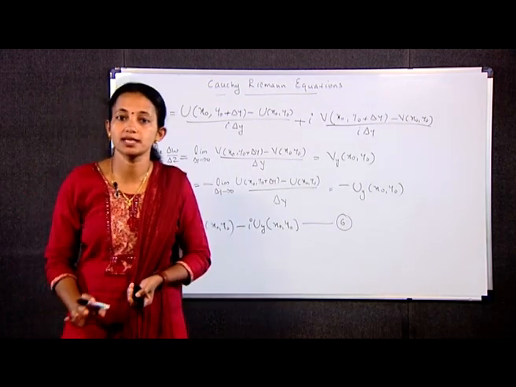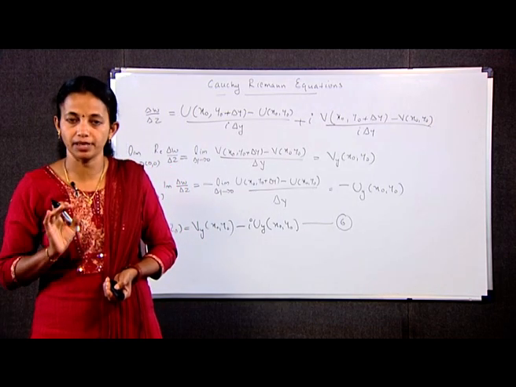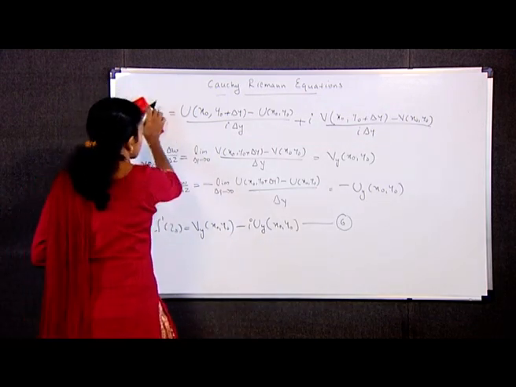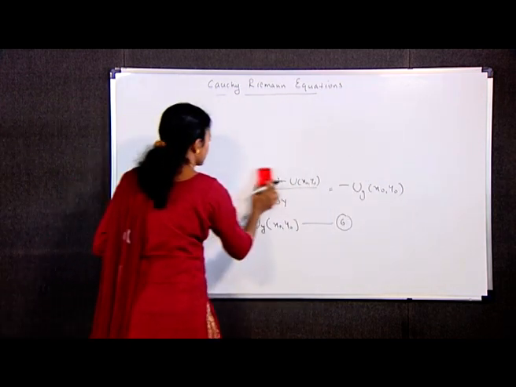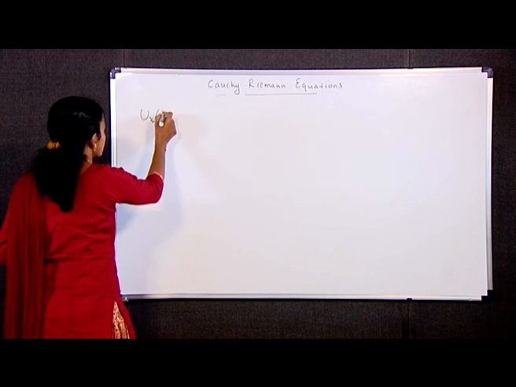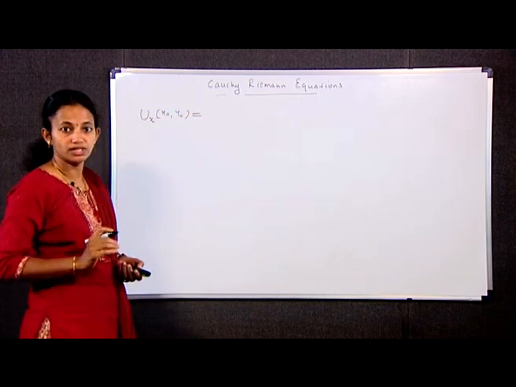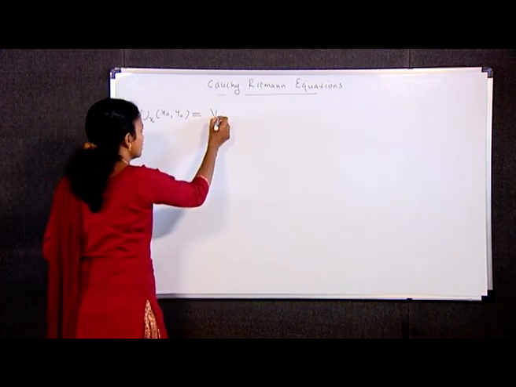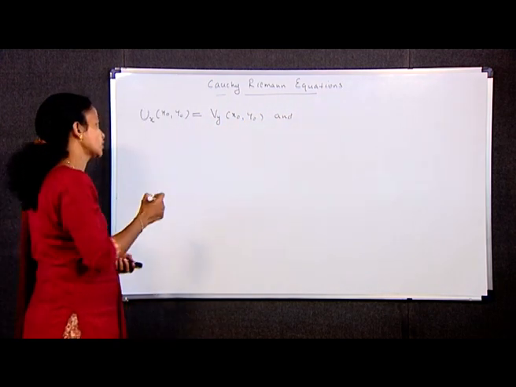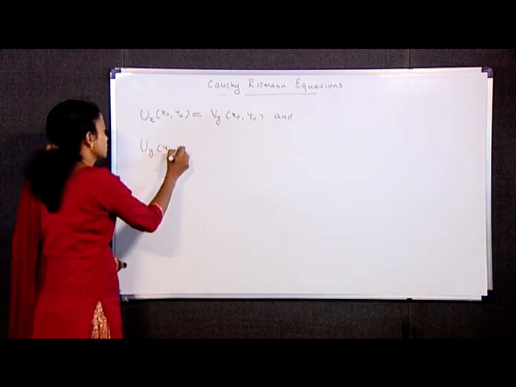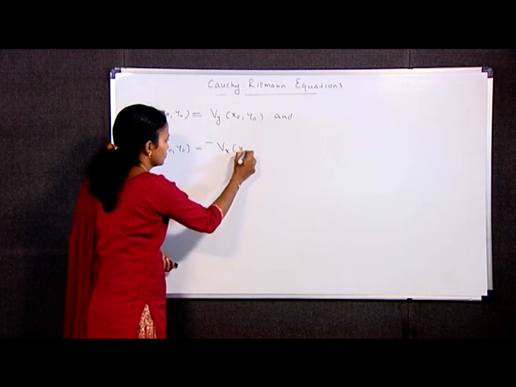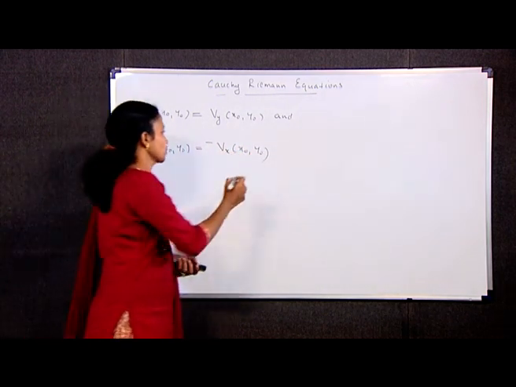As the LHS of 5 and 6 are the same, it follows by equating real and imaginary parts that u_x(x naught, y naught) is equal to v_y(x naught, y naught), and also u_y(x naught, y naught) is equal to minus v_x(x naught, y naught). Mark it as equation number 7.